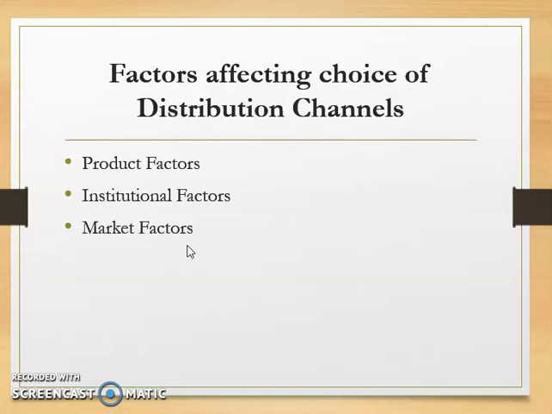Which place has more scope? Is it going to be temporary or going to be permanent? Or the buyer behaviors, or the customized services, or are we going to give credit, is there credit facility, as well as the legal constraints will also be involved in market factors.